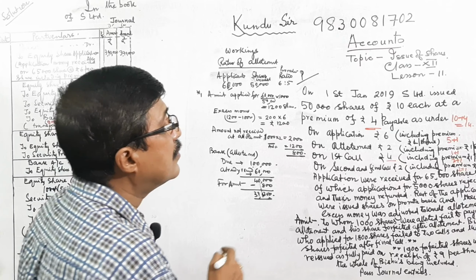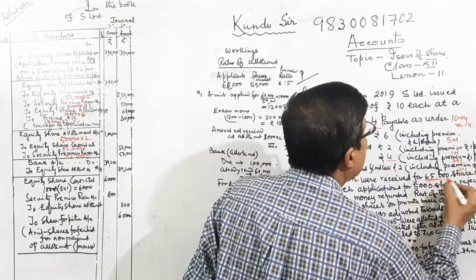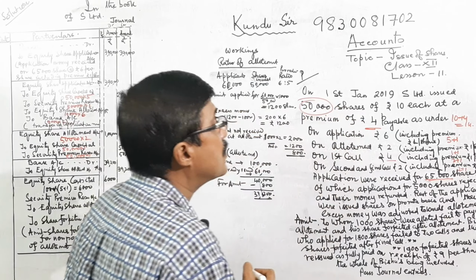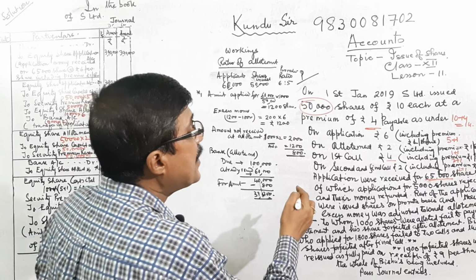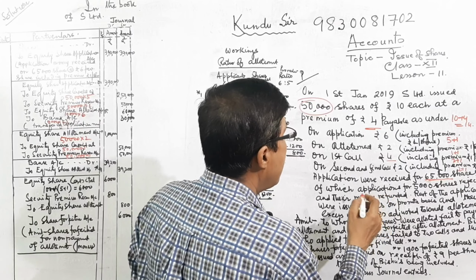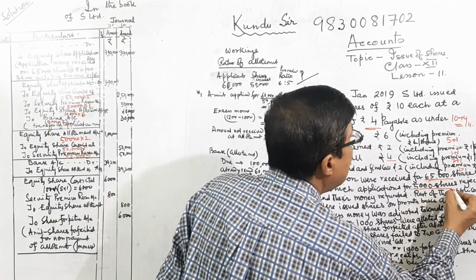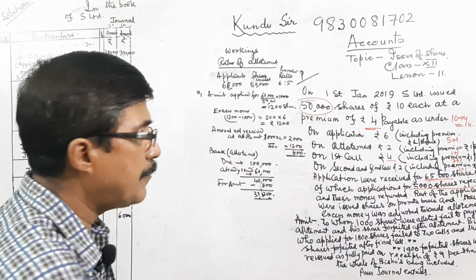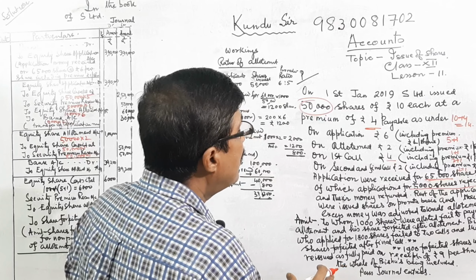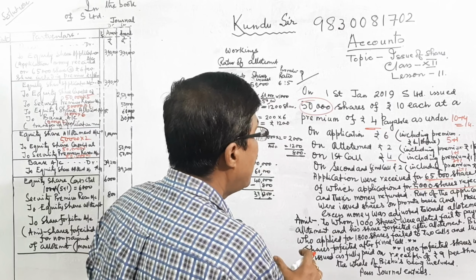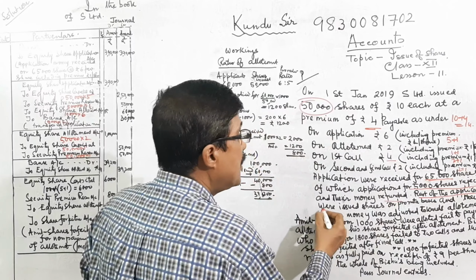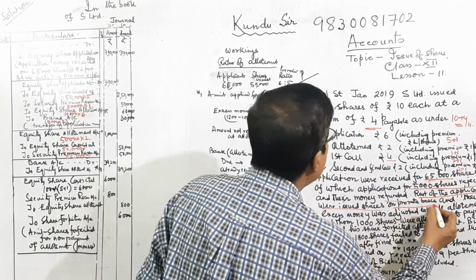Now applications received are 65,000, but we are asking for applications of 50,000. So out of 65,000 applications, applications for 5,000 are rejected and refunded, and the rest of the applicants are issued shares on a pro rata basis.